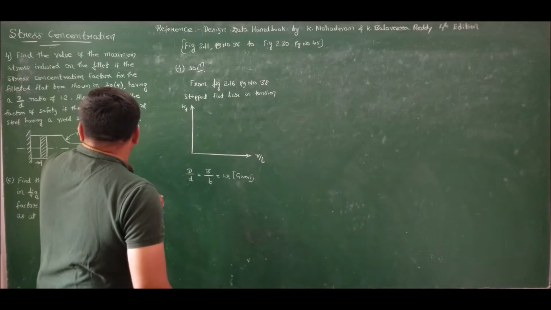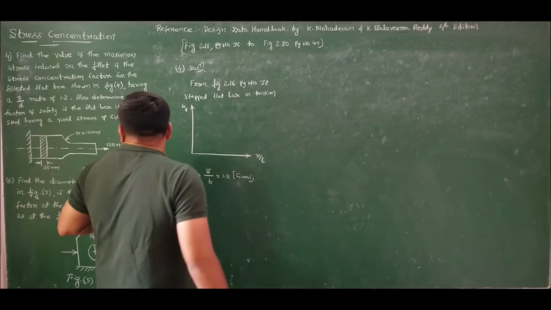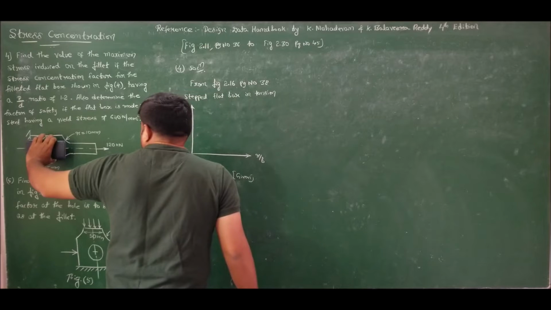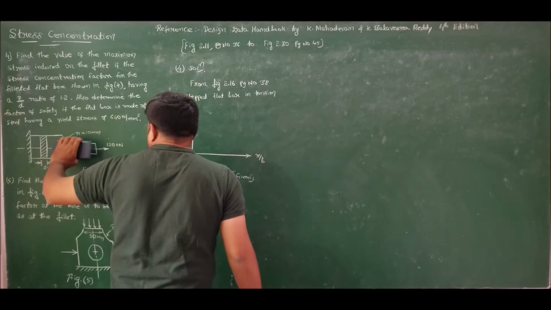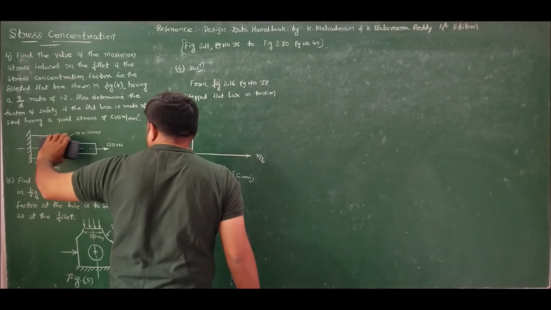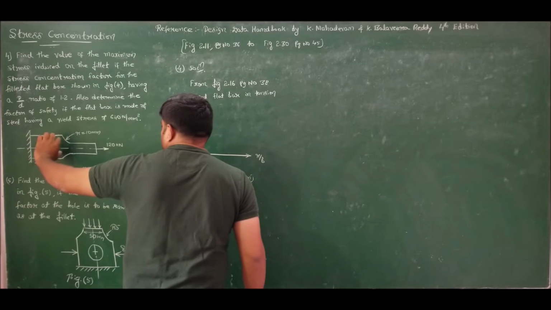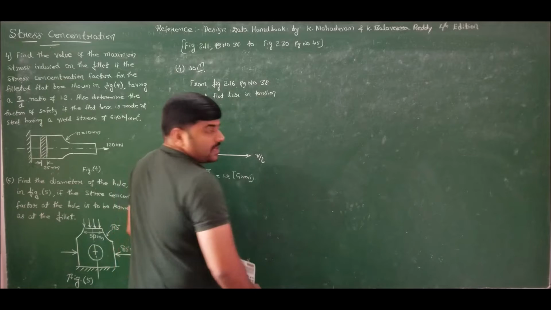Now if you carefully observe figure 4, capital B and small b are known, whereas capital B minus small b is 2 times the radius. This is the capital B and this is small b. If I remove that, I will get 2 times the radius.